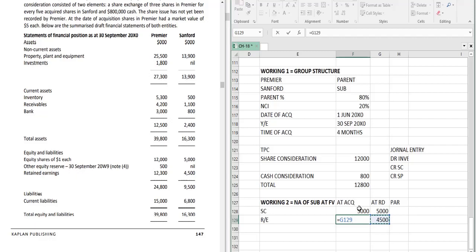So we will take the retained earnings at reporting date and minus post acquisition profit, which is the profit after tax of the subsidiary, already given in the additional information, and we will just take 4 months' profit.